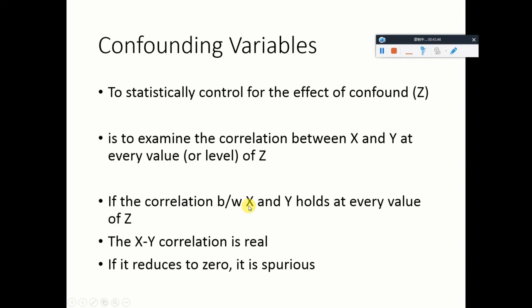But if the correlation under investigation is reduced to 0 at a certain value of z, then this correlation between x and y is not real, it's spurious. Let's look at an example.